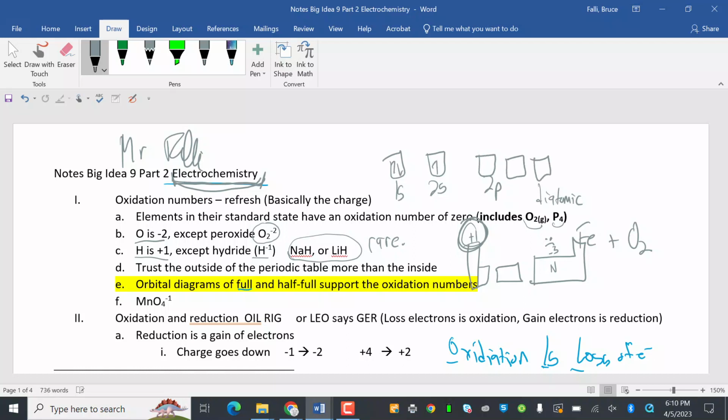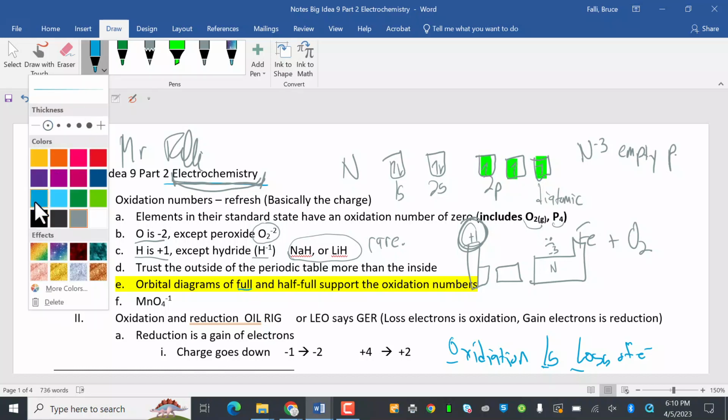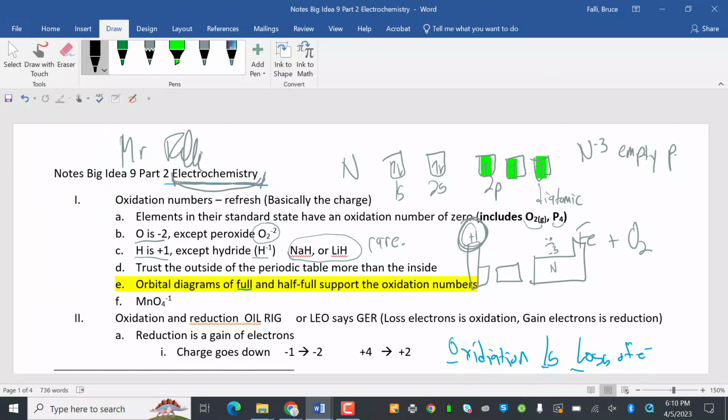So if this is nitrogen, and it is, what you can do is you can lose those 3, and it's reasonable to have N -3 because you have an empty p. Okay? It's reasonable to have this filled and have N +3 and have a full p, right? So that's why each of these are kind of okay.